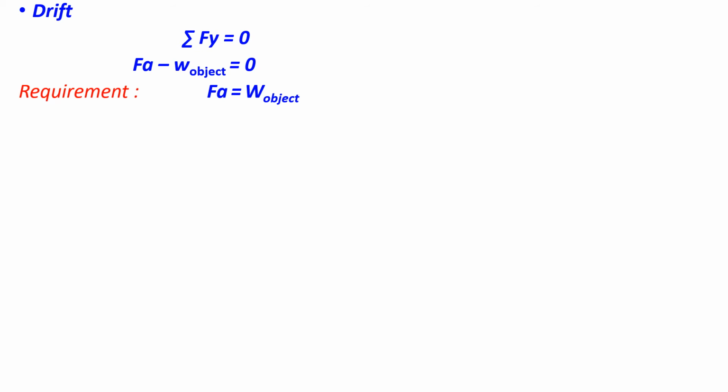Formula Fa equals weight object we can write as density liquid times G times volume immersed object equals density object times G times volume object. Because magnitude G is the same at both sides, so we can erase G at both sides. And based on the figure, while drift or object immersed in liquid, volume displaced liquid equals volume object.